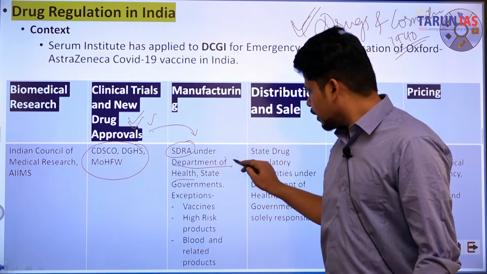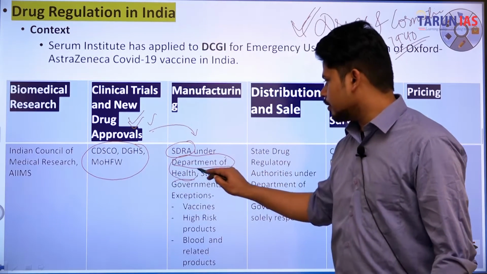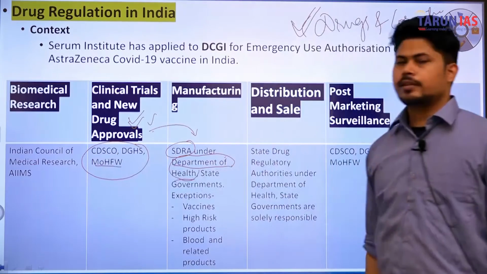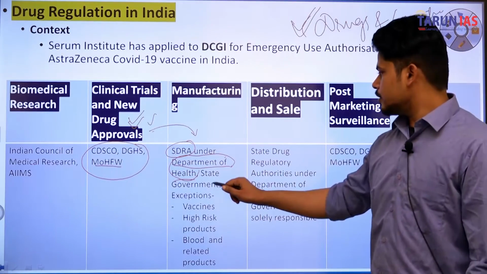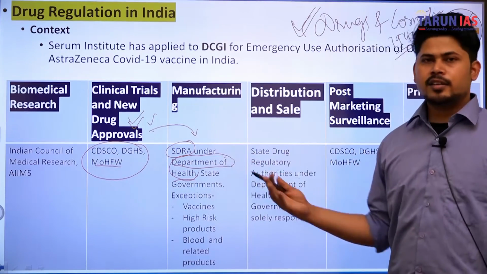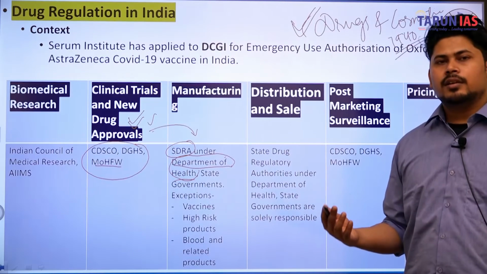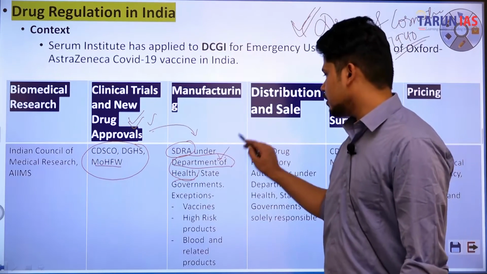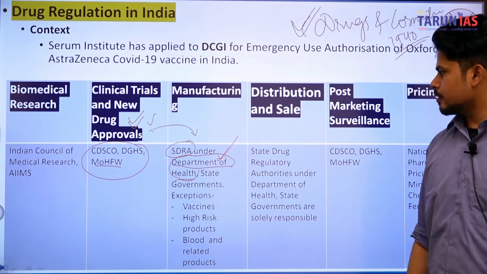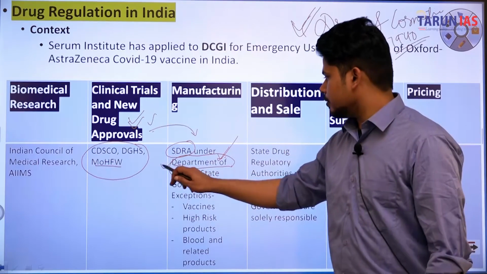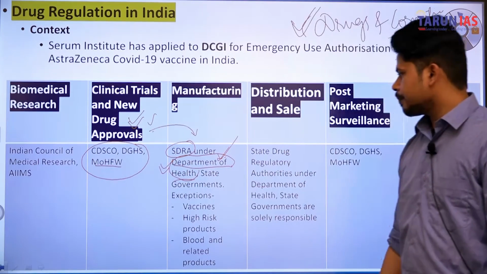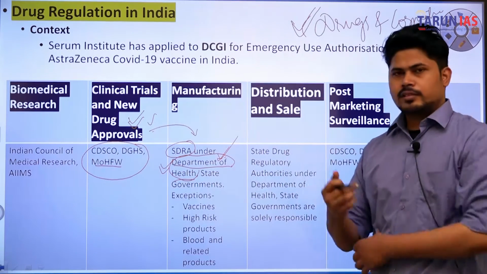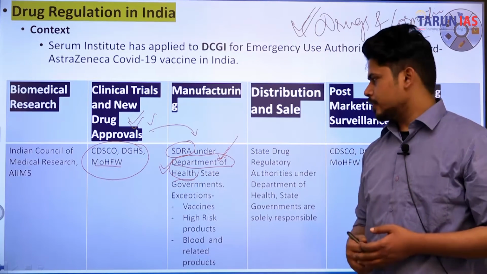One thing to note here: I wrote Department of Health for the state, and Ministry of Health and Family Welfare for the centre, because there is no concept of a ministry in state governments. State governments have departments, not ministries. Most people don't know this, but it is an important point to mention. You don't have to learn everything only from the point of view of the exam.